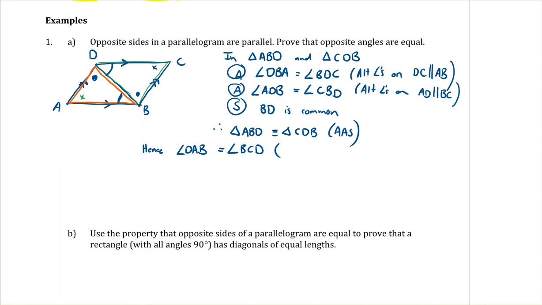Now we use that word corresponding, but that's not the corresponding that we use for parallel lines forming the F shape. The corresponding means they are the matching angles in those congruent triangles. So our reason is corresponding angles in congruent triangles.